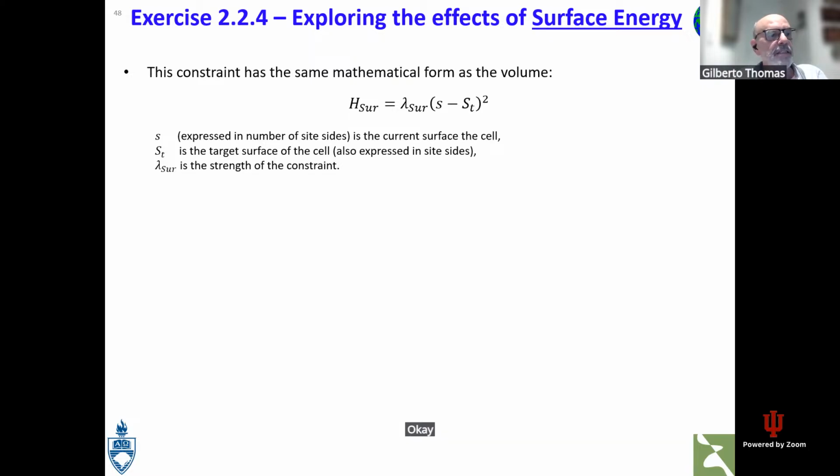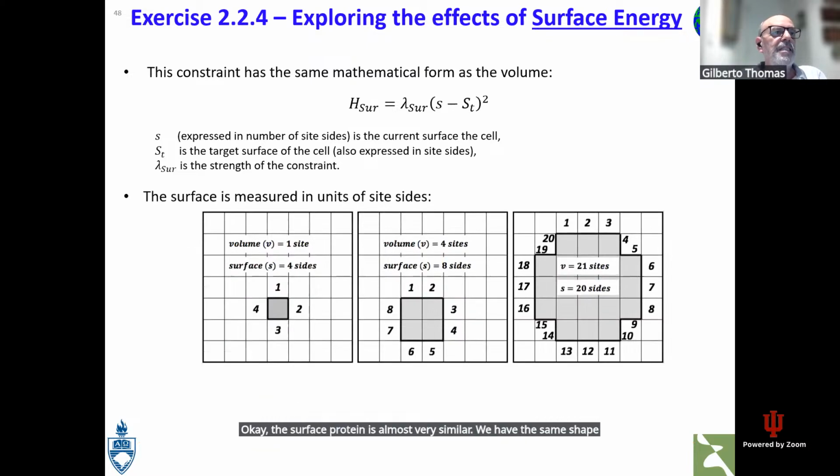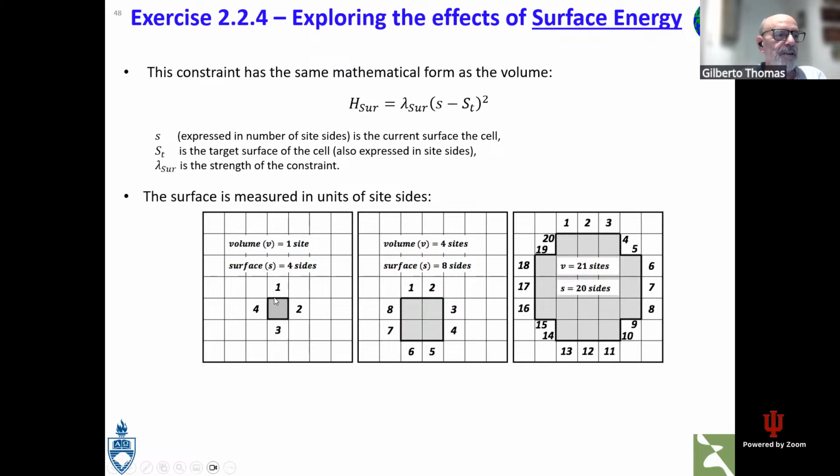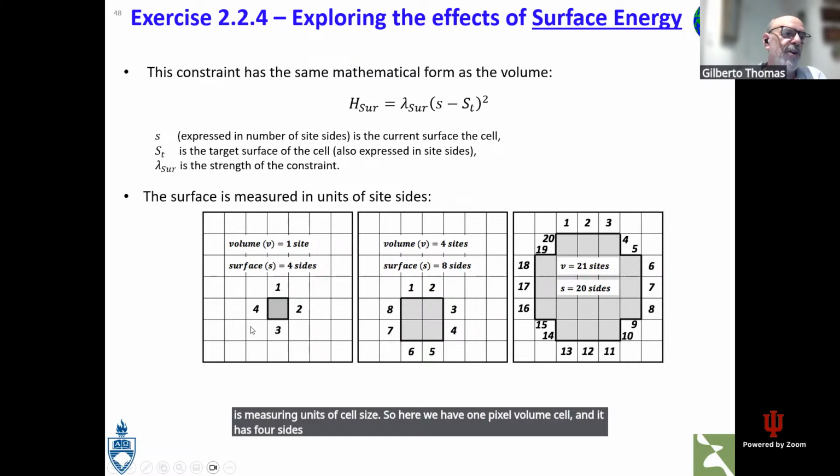Okay, the surface plugin is very similar. We have the same shape, and the surface is counted. You don't have a surface here because we are in a 2D system. So the surface now is the perimeter, and it is measured in units of cell size. So here we have a 1 pixel volume cell, and it has 4 sides. So the surface is 4.